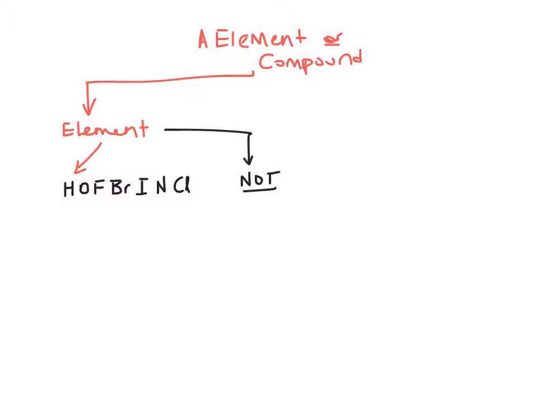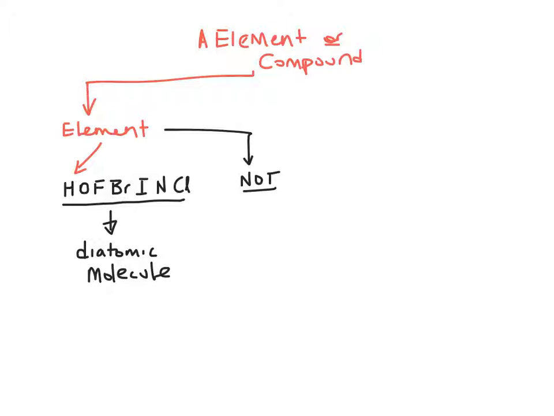So when you look at the element, those are your two options. What do you mean by Hofbrinkel, Mr. Ruddy? Well, Hofbrinkel means any of the elements hydrogen, oxygen, fluorine, bromine, iodine, nitrogen, and chlorine. If they're only by themselves, they become a diatomic molecule.